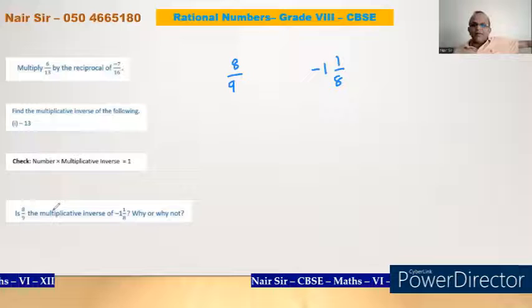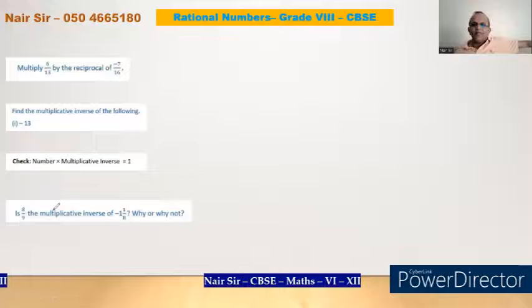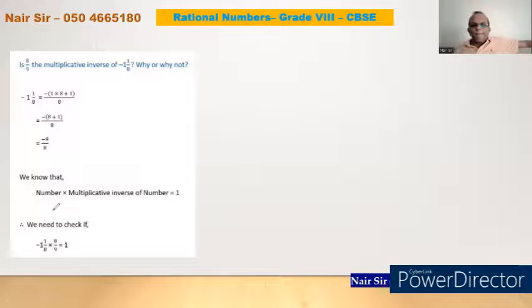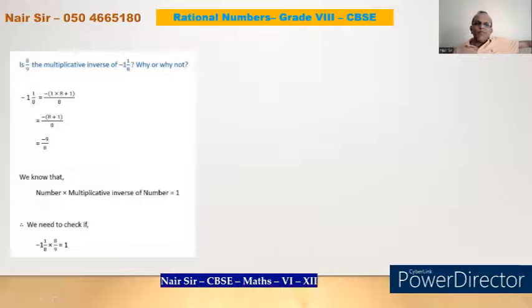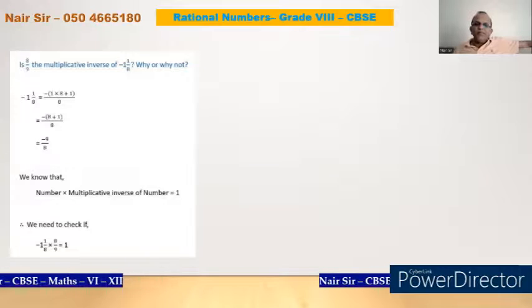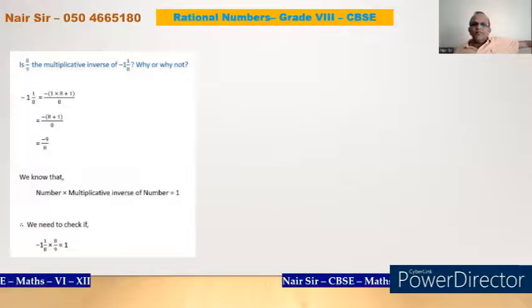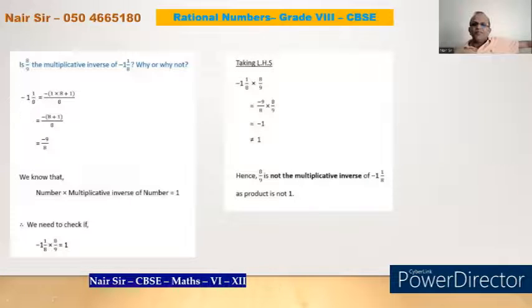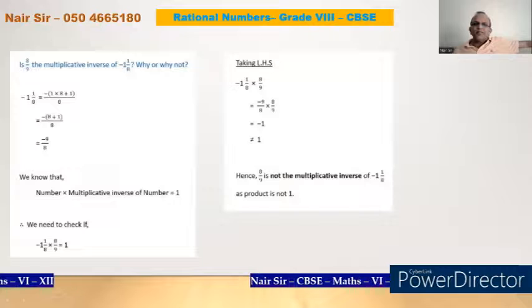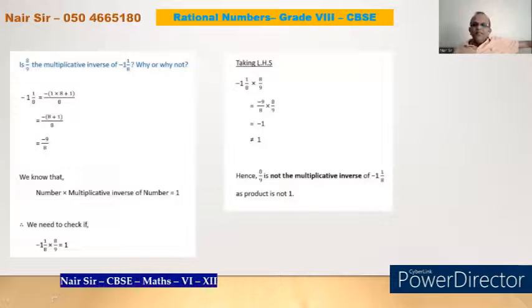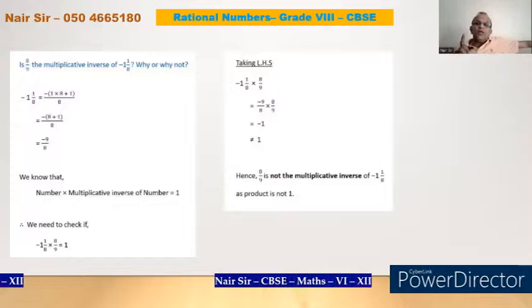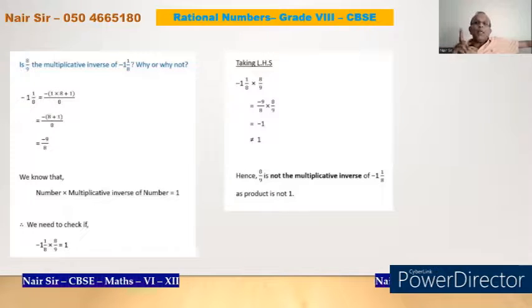Okay, so what do I get? Now further from here, you can do it. Minus 1 is not the multiplicative identity. 1 is the multiplicative identity.